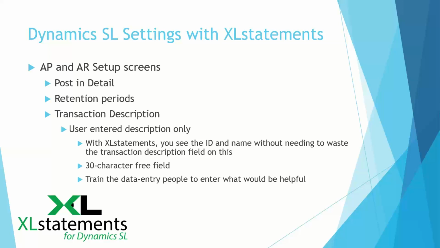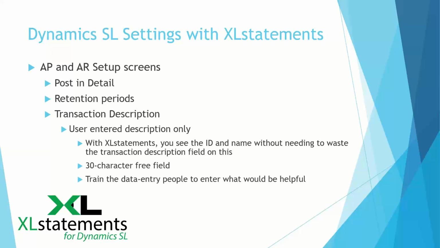And I think with Excel statements, when you drill down, you can see something at that level, which should be the second drill down level, if you're releasing. I think in the screens they call it post in detail, but it's actually releasing in detail. If you're doing that, you can see that anyway.